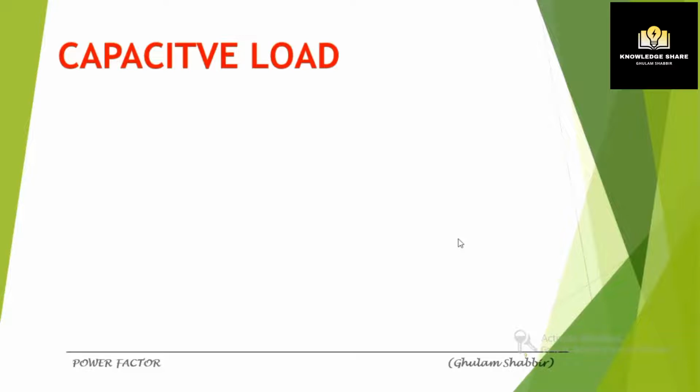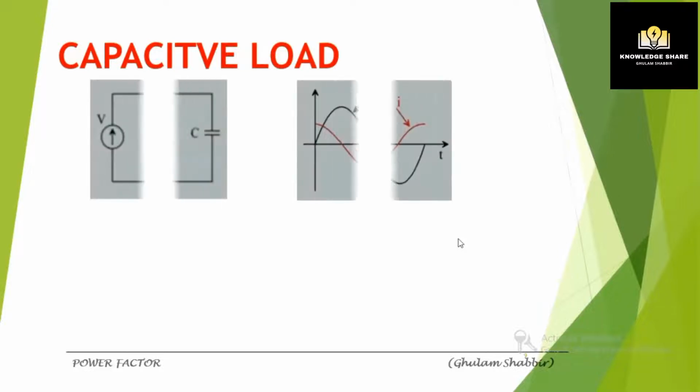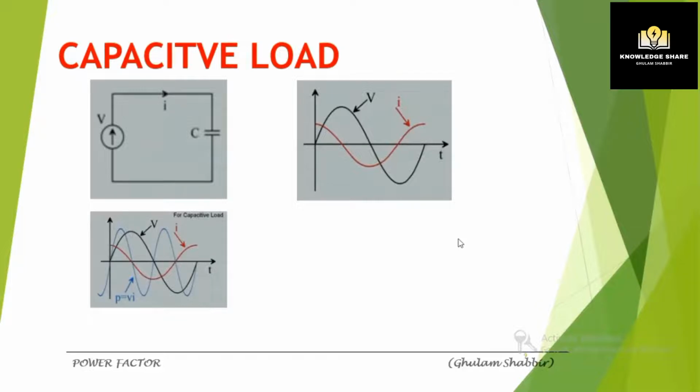So again we are going to apply the same process as we did with the resistive and inductive cases. We multiply the voltage waveform and current waveform. By multiplying, the product we get is the power.